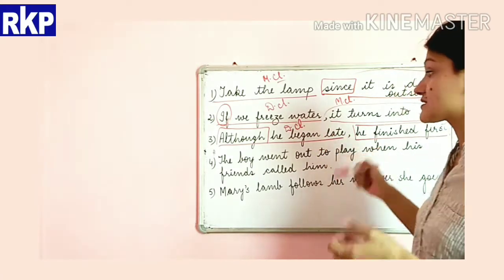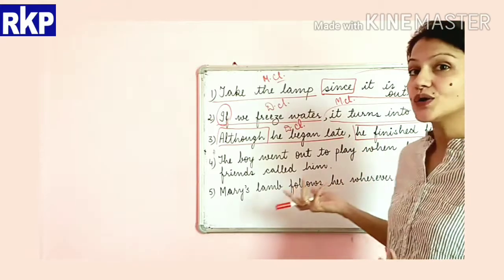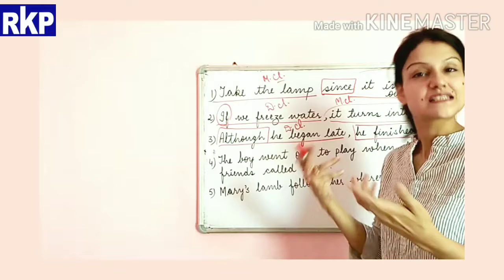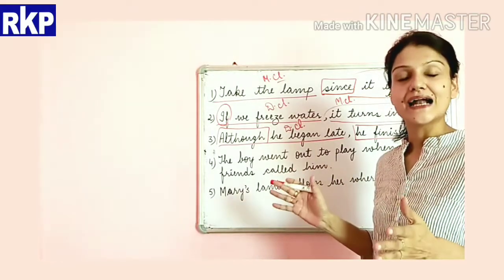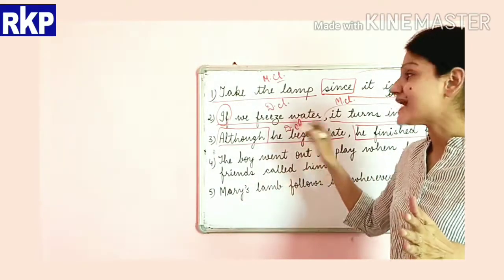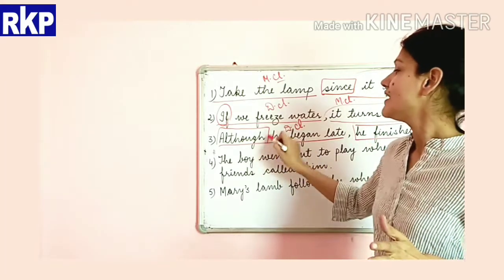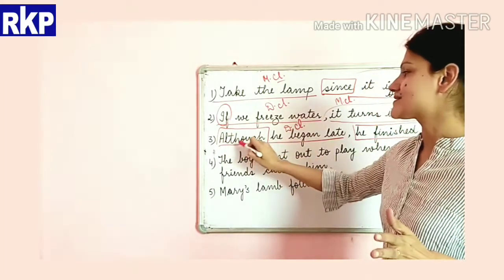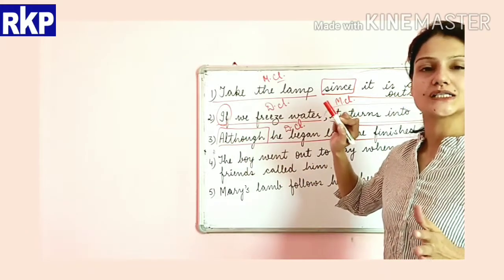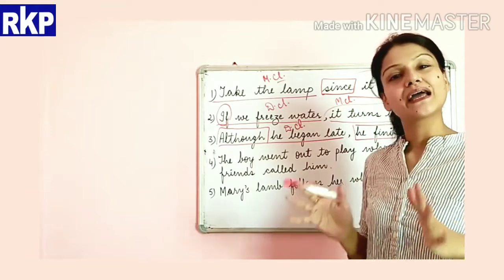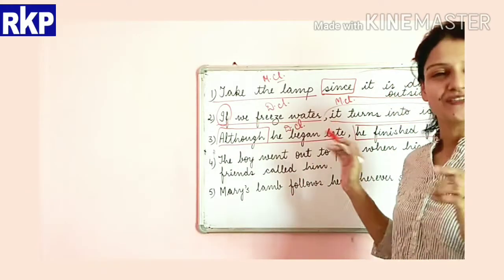So I will ask what, but still I don't get any answer. Then I will ask who or which. Still I don't get any answer. That means it is neither a noun clause nor an adjective clause. So by looking at this subordinating conjunction, I reach my conclusion that it is an adverb clause.